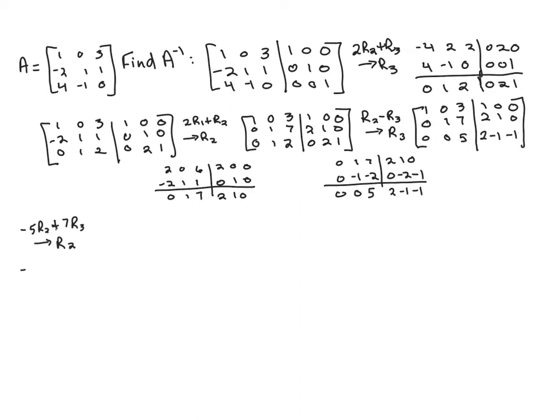And I'm going to get minus 5 row 1 plus 3 row 3, and replace row 1. So two things at once. I'm going to do my busy work first. Sorry, I'm supposed to be doing row 2.